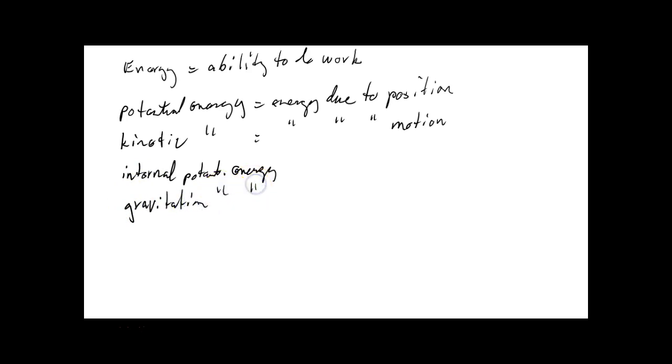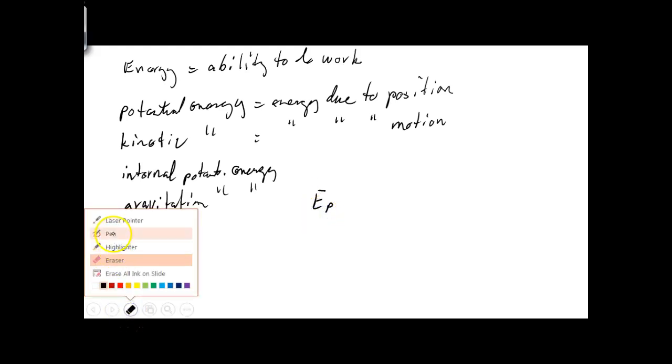That's the energy due to height above the surface of the earth. Okay? So that energy, the book calls it E sub P. I wish they called it E sub GP for gravitational potential energy, but they leave off the G and just call it E sub P. Okay? So I'll do that too, but understand that's talking about gravitational potential energy.